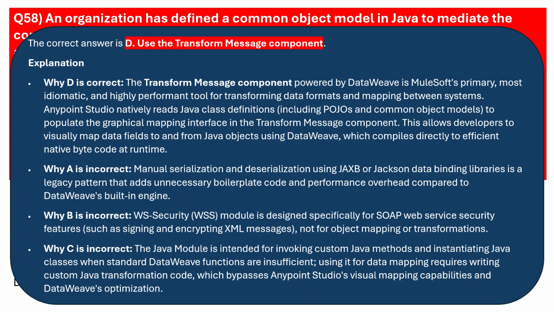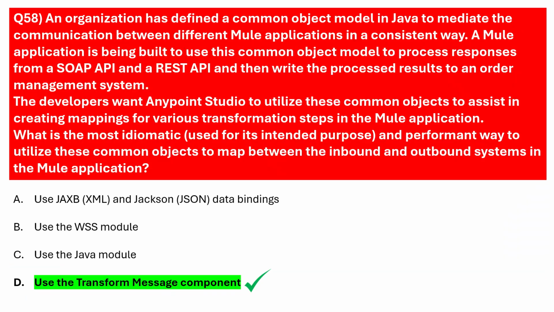Why C is incorrect. The Java module is intended for invoking custom Java methods and instantiating Java classes when standard DataWeave functions are insufficient. Using it for data mapping requires writing custom Java transformation code, which bypasses Anypoint Studio's visual mapping capabilities and DataWeave's optimization.